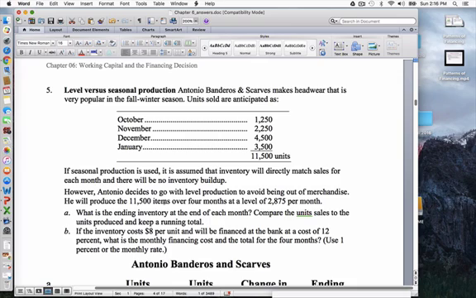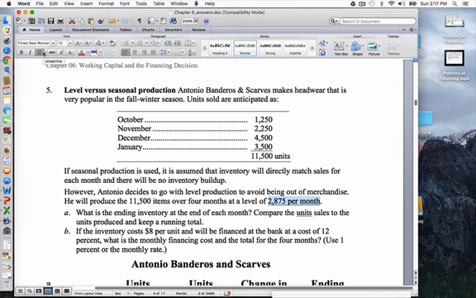So you have the total amount, and if the business goes with a level production, which they want to do, then they will produce an equal amount each month, calculated as 11,500 divided by 4, which is going to be this amount produced equally per month.